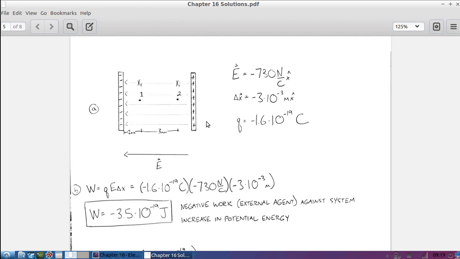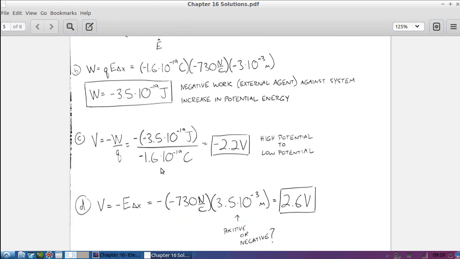So it's moving from a high potential to a low potential. Again, just like the previous problem, even though the potential energy of that particular charge is increasing, it's an electron, it's moving from a high potential position to a low potential position. So we're actually getting a delta V of negative 2.2 volts because the particle is moving from a high potential position to a low potential position.